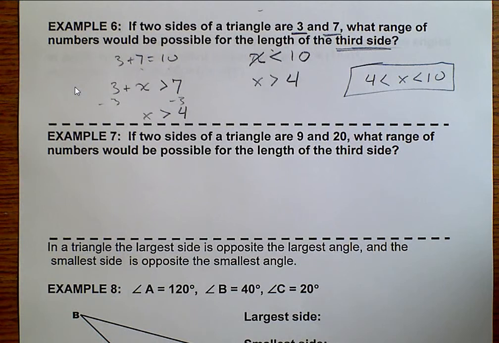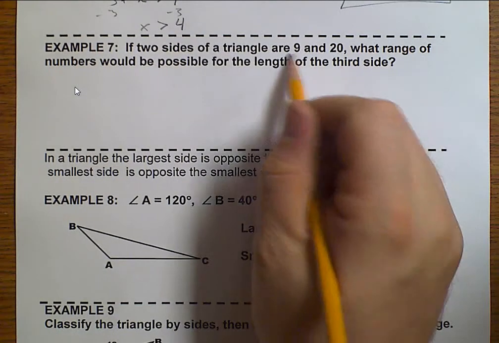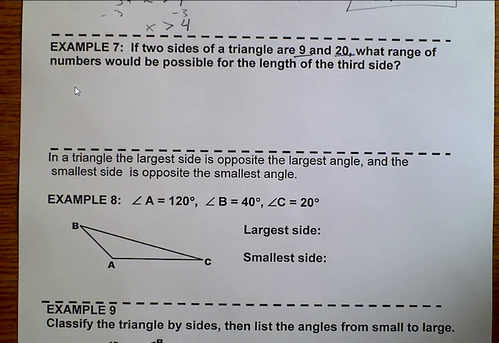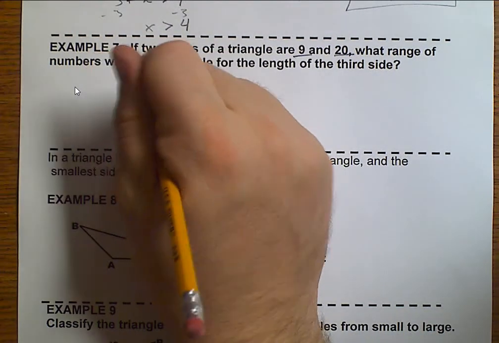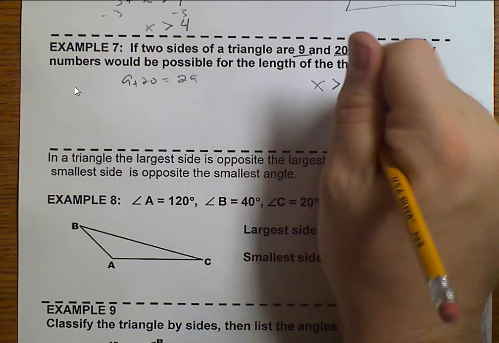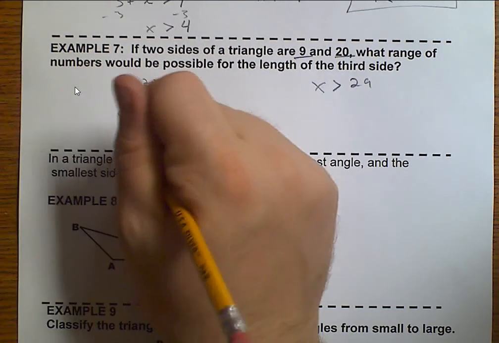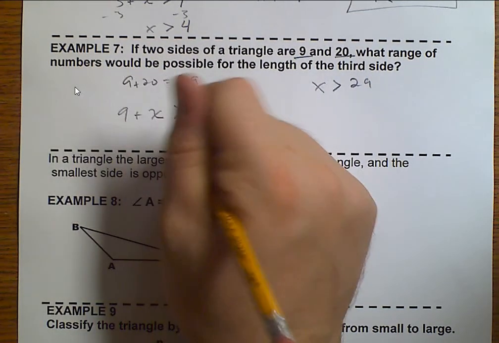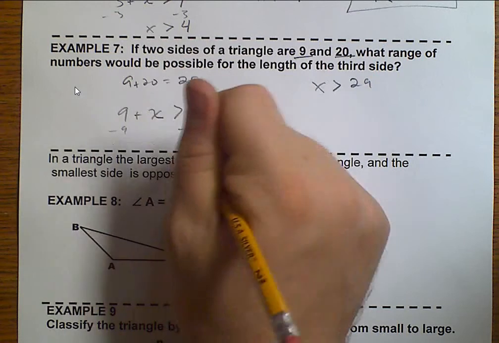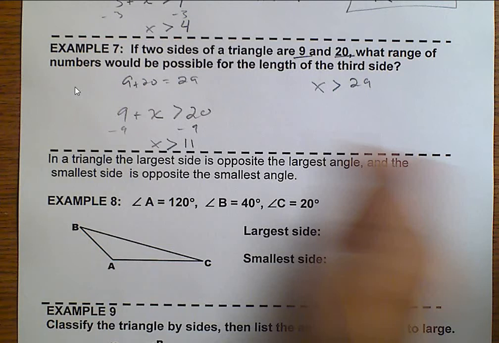Let's go ahead and look at example number 7. Two sides of a triangle are 9 and 20. Where are our ranges? Well, 9 plus 20 is 29. So our side must be less than 29. And 9 plus our side must be bigger than 20, so X must be bigger than 11.